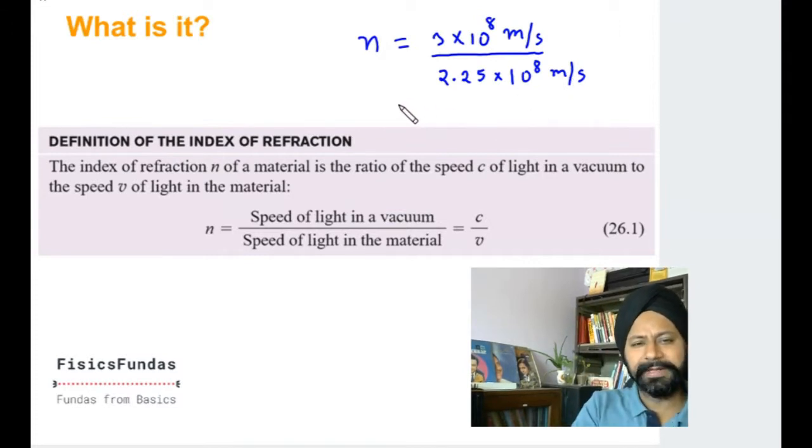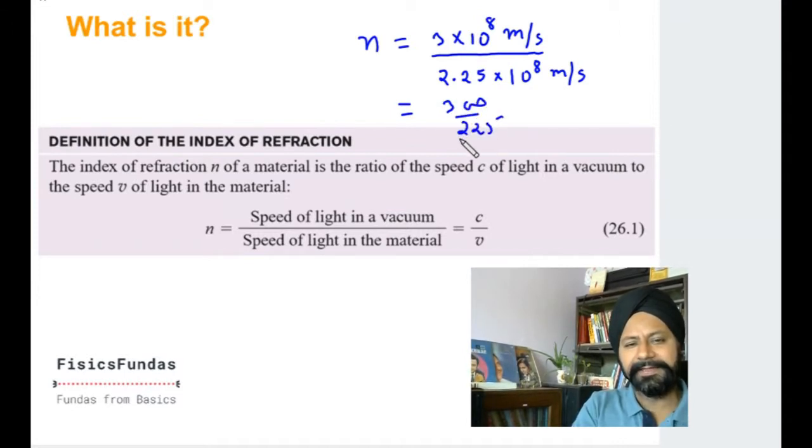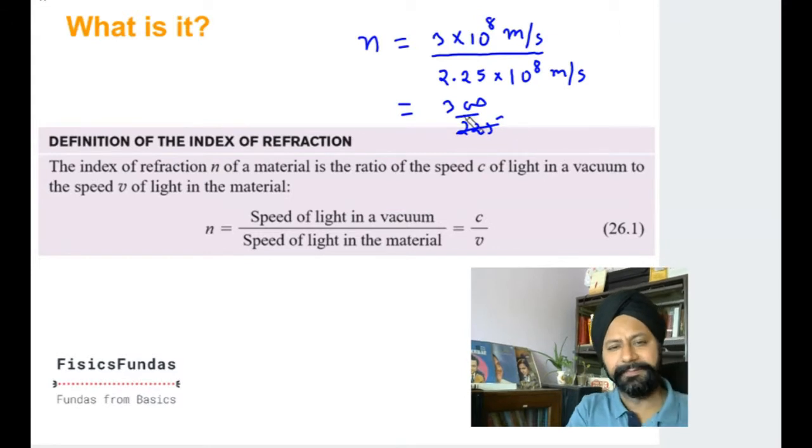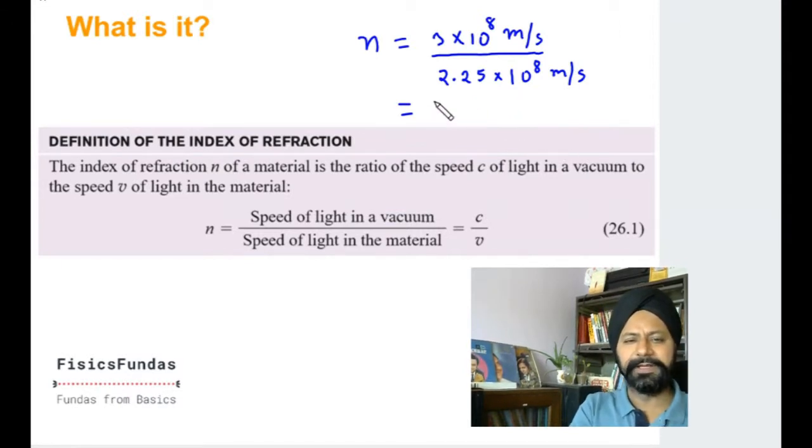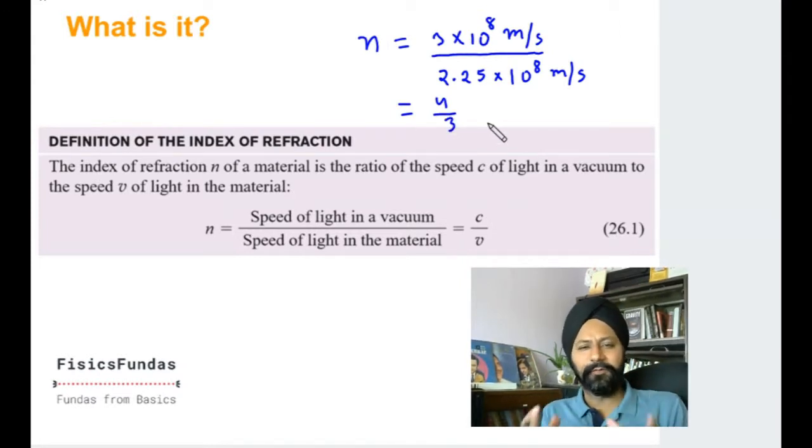Let's do quick calculations. The 10 to the power 8 cancels, so this becomes 300 over 225, and that gives you 4 over 3. So a very quick calculation gives me a value of 4 over 3. That is the refractive index of water.